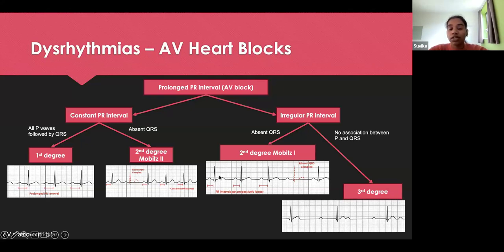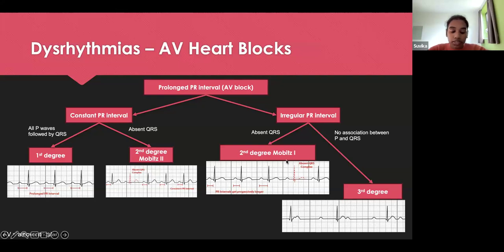If you look at your P waves, they will be constant, and your QRS complexes will be constant, but everything in between does not synchronize. It doesn't look as nice as these traces, for example. And so that is complete heart block, or third degree heart block.